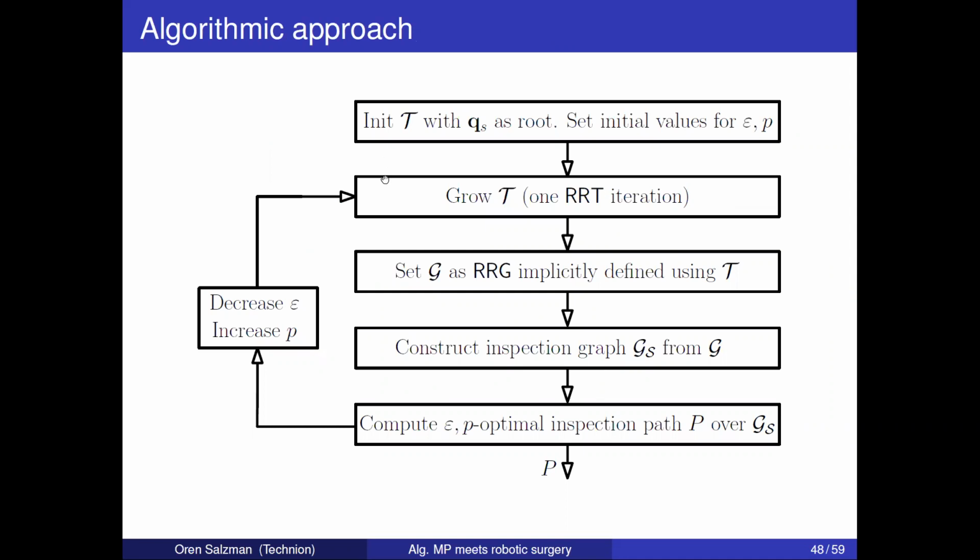We're going to use RRT* and RRG. I assume that everybody here knows about RRGs. If you don't, roughly speaking, this is a graph such that RRT* is a subtree of this graph. And we know that paths in this graph converge asymptotically to optimal paths to the goal.